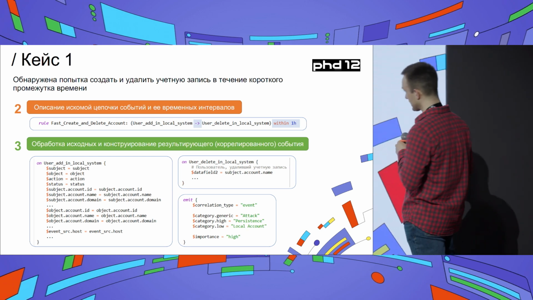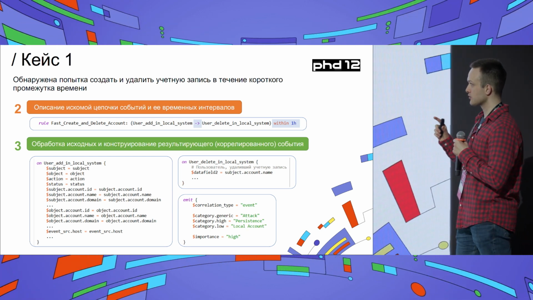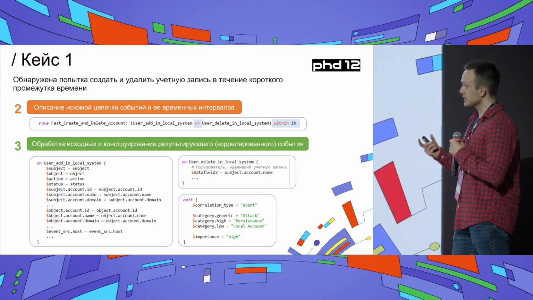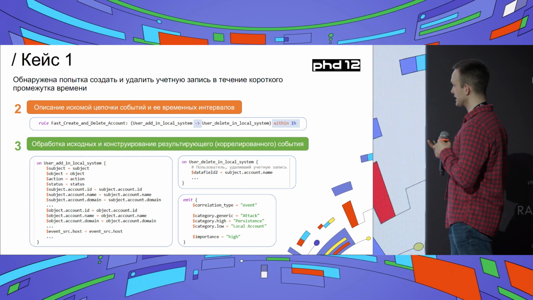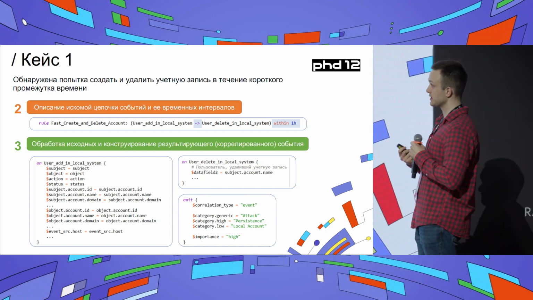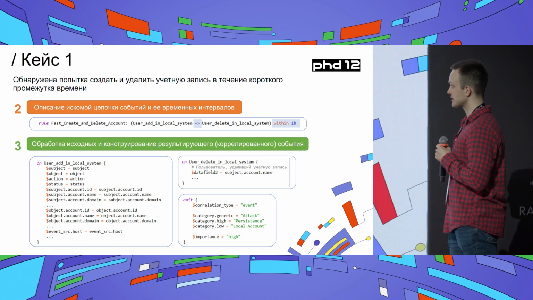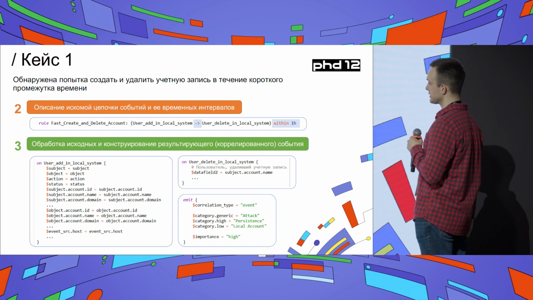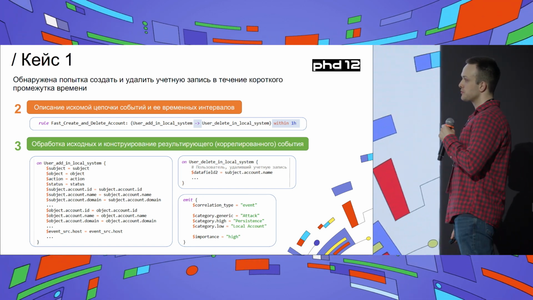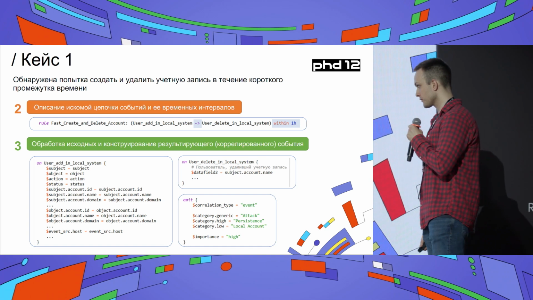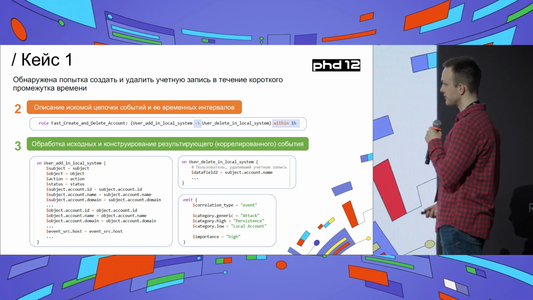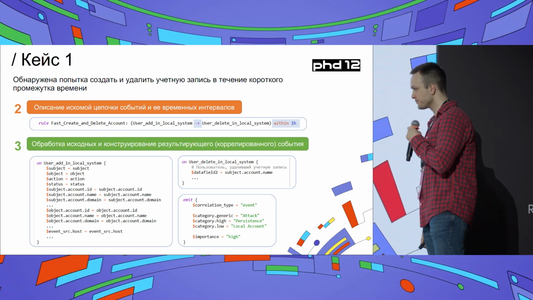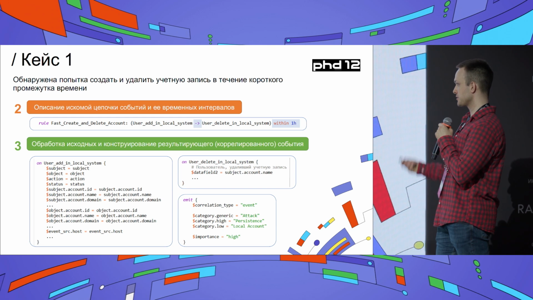We have the parameter which describes the fixed number of events in the chain. We are expecting 2 events. As soon as those 2 events take place, we shift to processing and building the result, the correlated event.